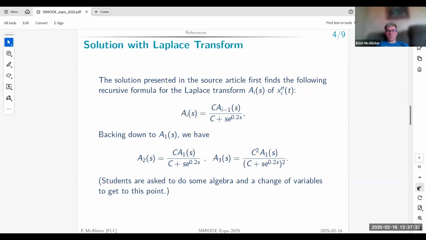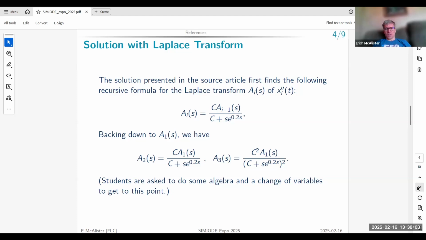What we have to do, with some algebra and some other tricks, is derive a recursive formula for the Laplace transforms of the cyclists' acceleration functions. One of the steps is that instead of considering the position functions, you consider the difference between the position functions and their tangent line approximations at 0.